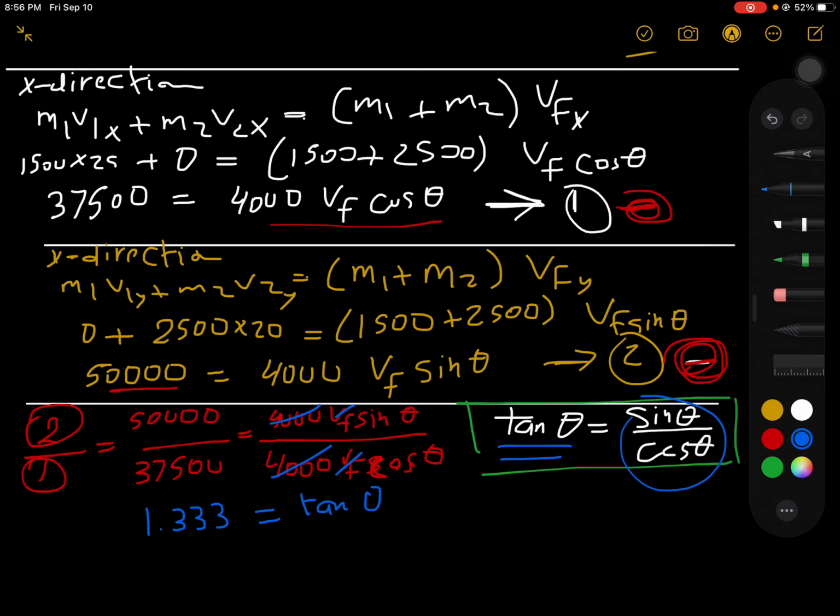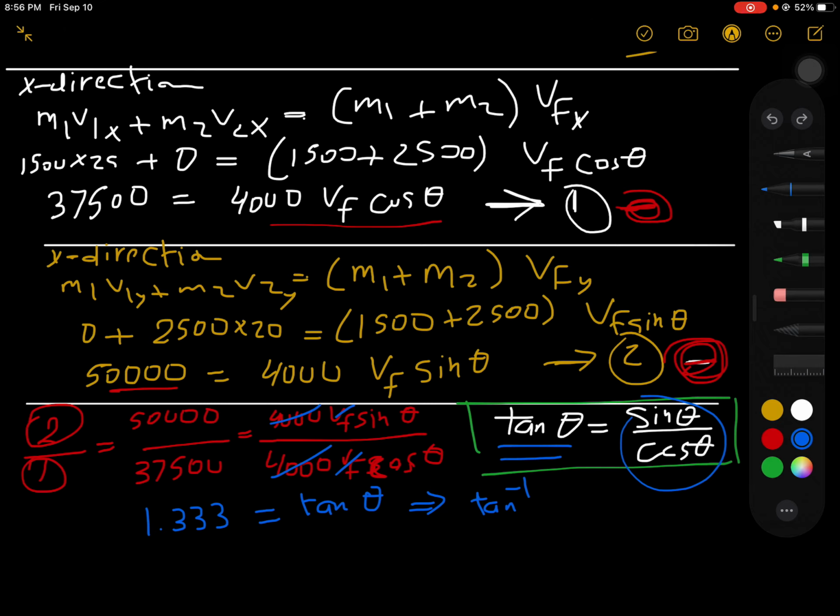So tan theta equals this number. To know theta, we can just press shift tan to the power of -1.